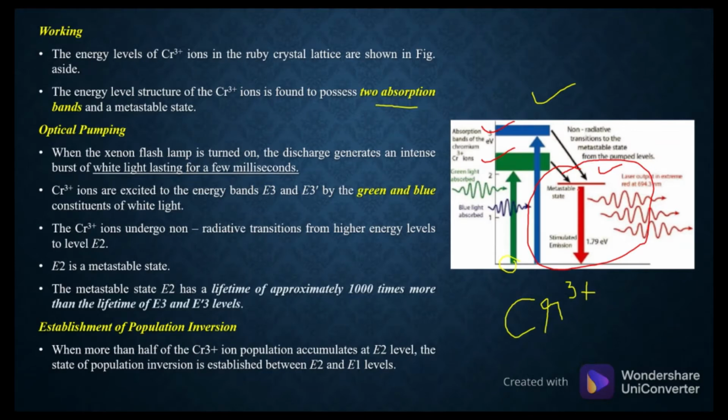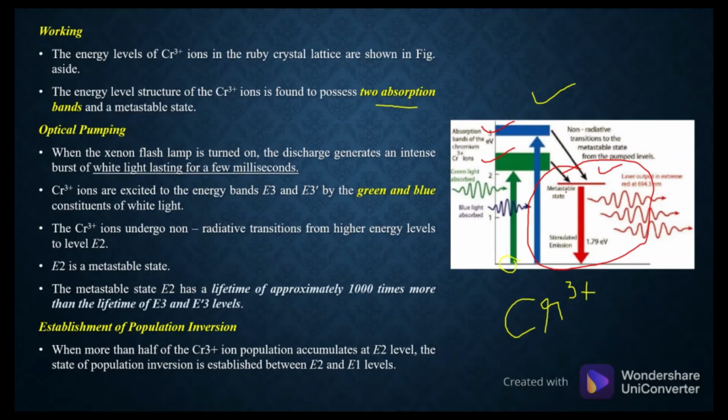That photon will go and knock one more atom present in the metastable state, and that atom comes to the ground state with the emission of two photons. Those two photons again collide with two more atoms in the metastable state. Thereby, this transition leads to the laser output with the wavelength of 694.3 nanometer, which is the red color radiation.